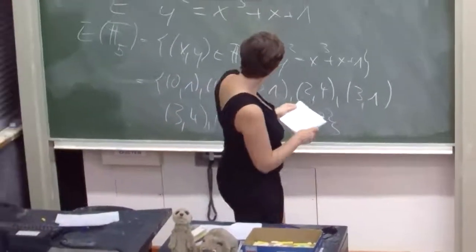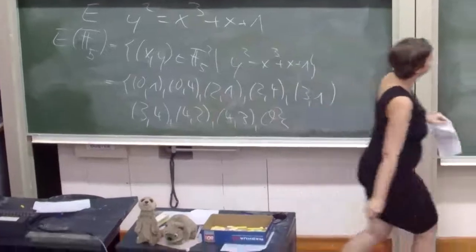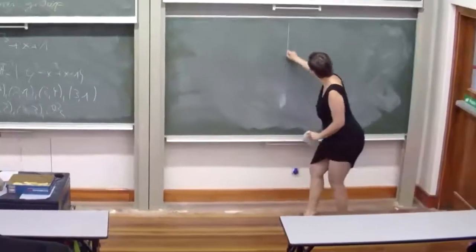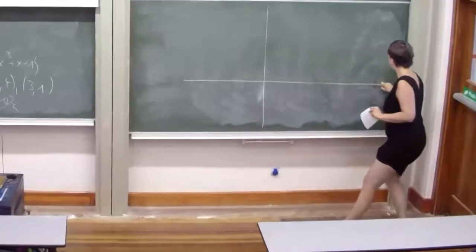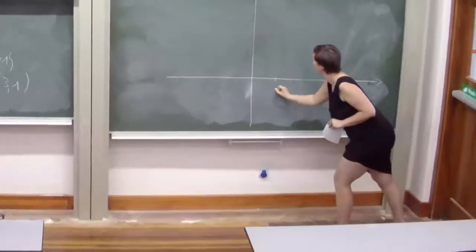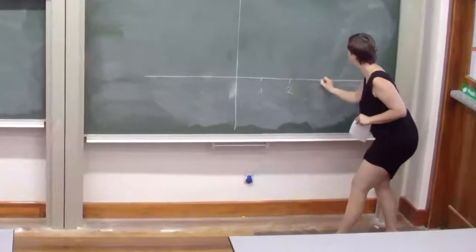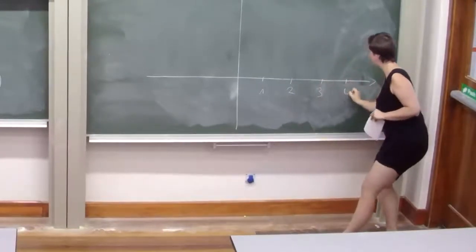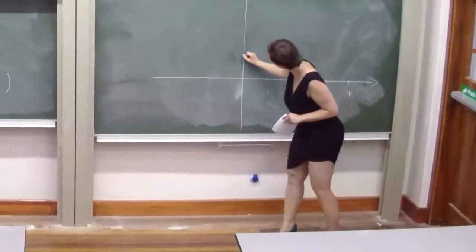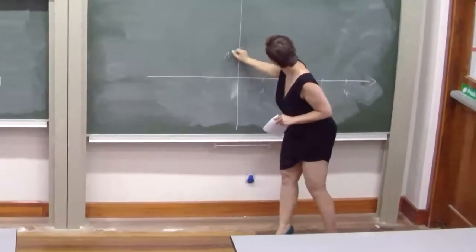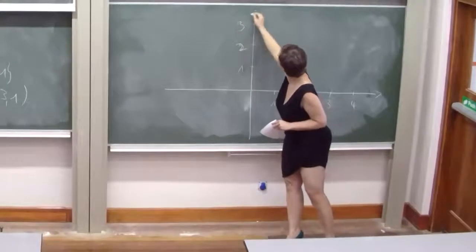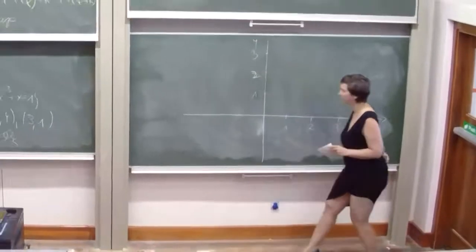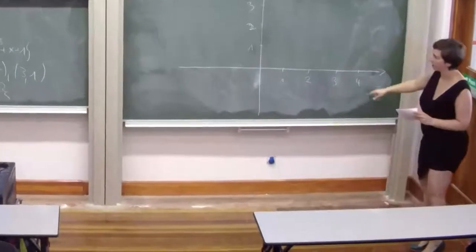Okay. So we have our coordinate system, and we have 1, 2, 3, 4 and 1, 2, 3, 4. And now we just write the points here.